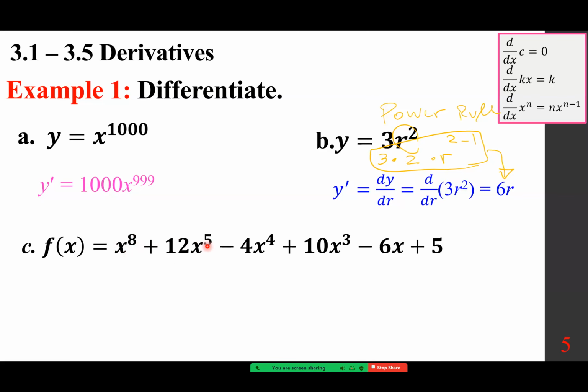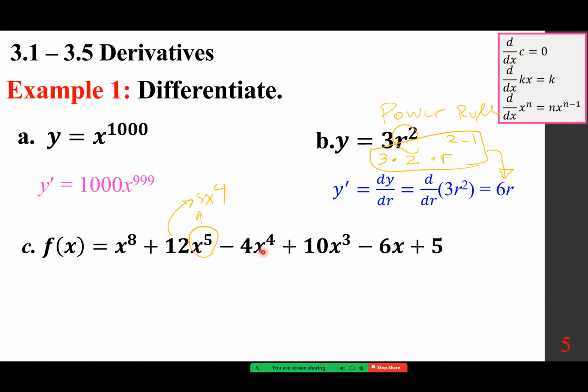Beautiful. What about this one? 60x to the 4th. Beautiful, because this part will give you 5x to the power of 4, and you multiply it by 12. Minus 4x to the power of 4. Negative 16x to the power of 3.